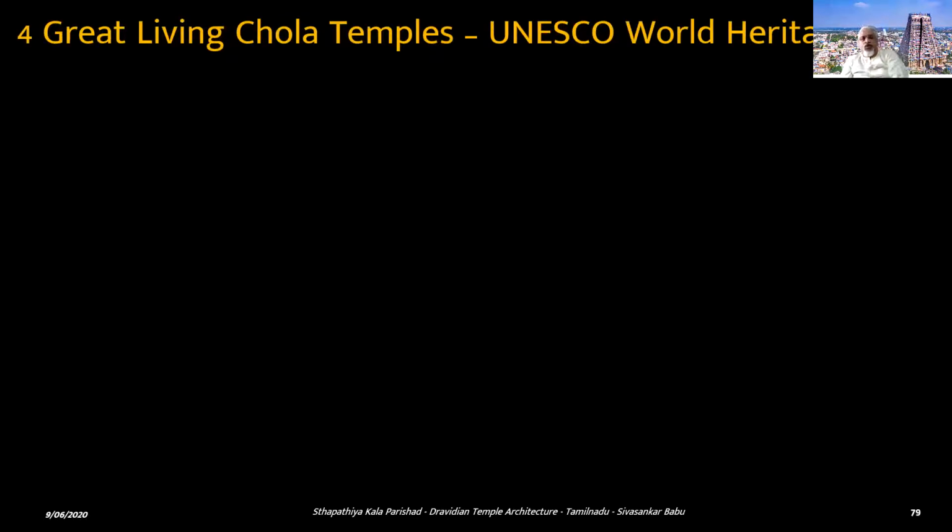Now we are going to see in brief about four of the grand living Chola temples. The UNESCO World Heritage list has only three, but logically, the fourth one also should have been included. The temple management deliberately wriggled out of it.